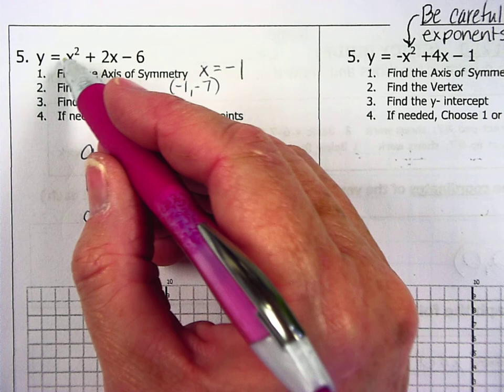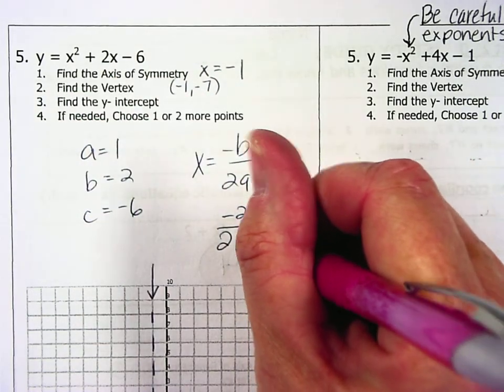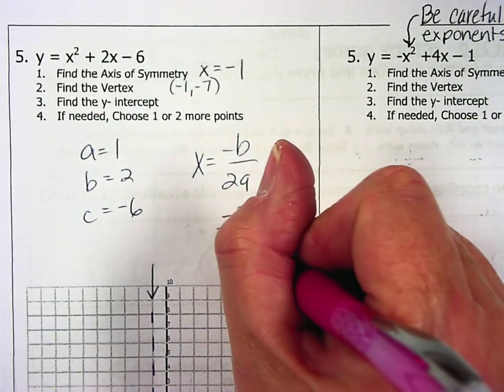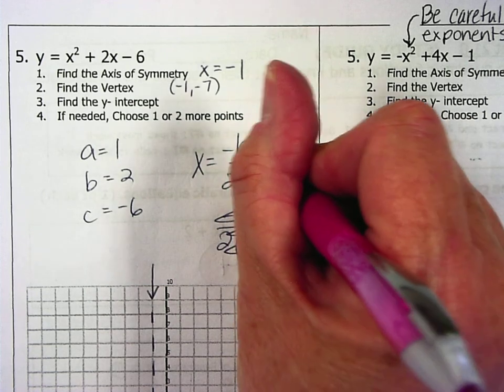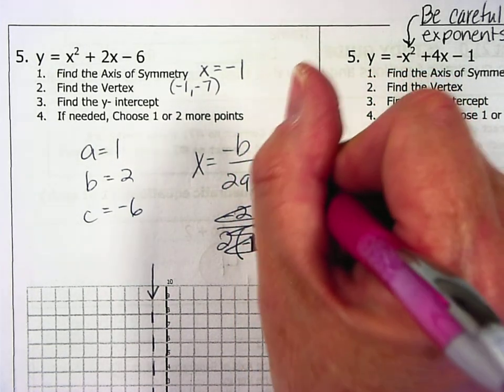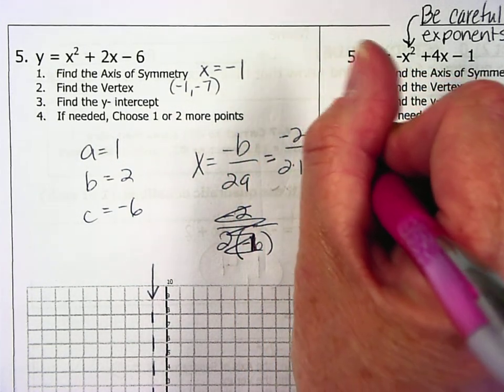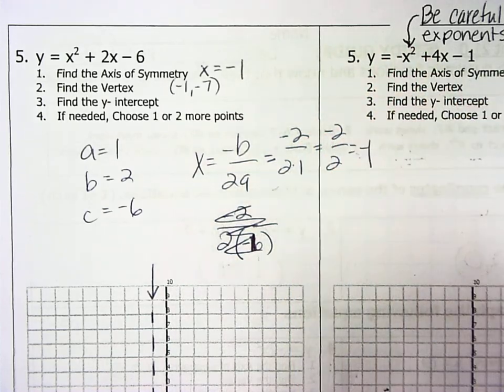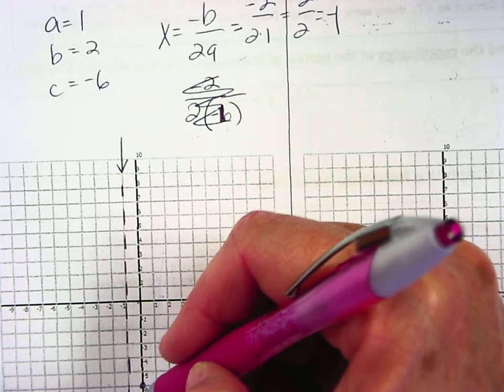I'm sorry, 2 times 1. Duh. -2 over 2 times 1, which is -2 over 2, which is -1. There's your axis of symmetry.